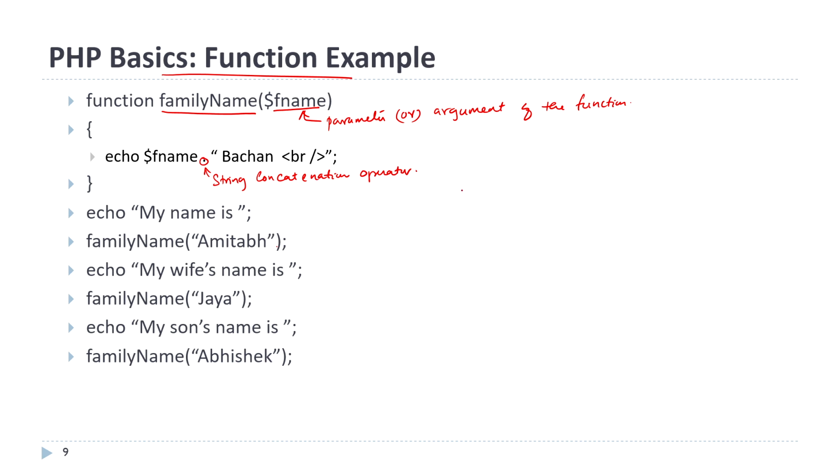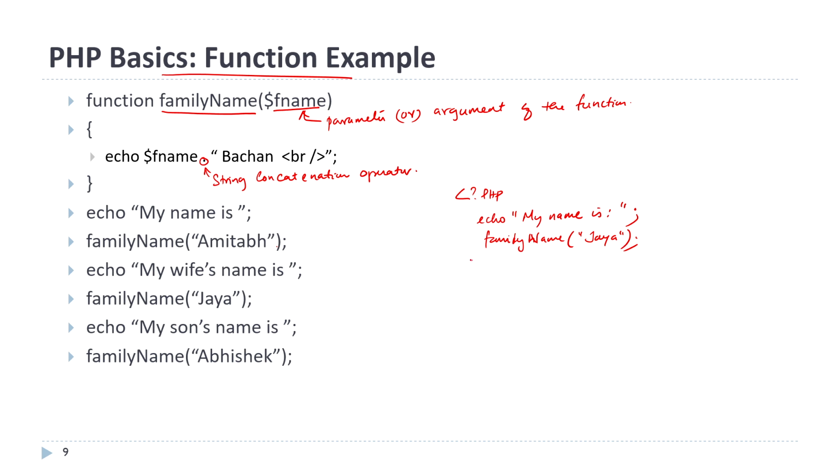So, if I say something like this in PHP, echo my name is, and then call family name Jaya, it will go there and print Jaya Bachchan.